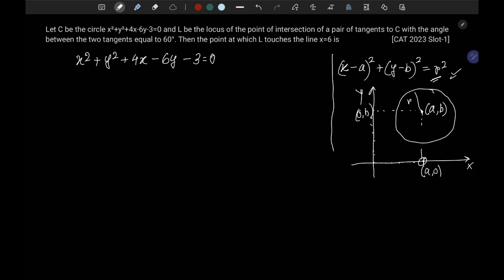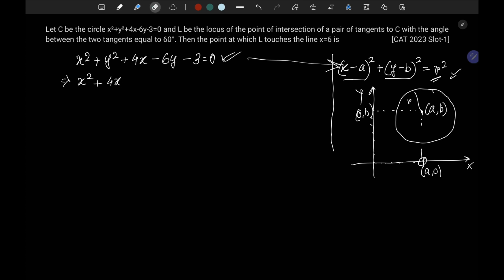So first we have to simplify this equation in this form. We need two square terms and a plus sign between them, and hopefully we get a square term on the right hand side by rearranging everything. We already have x square, we have 4x.